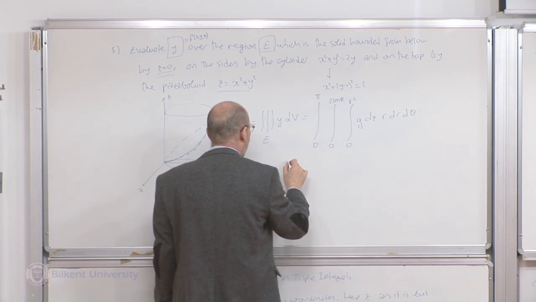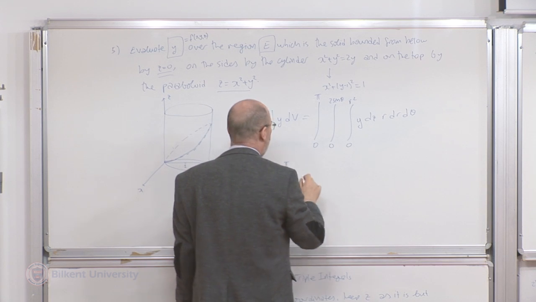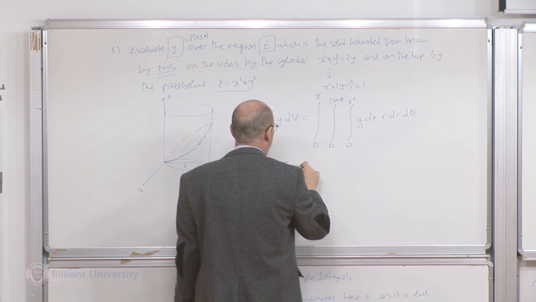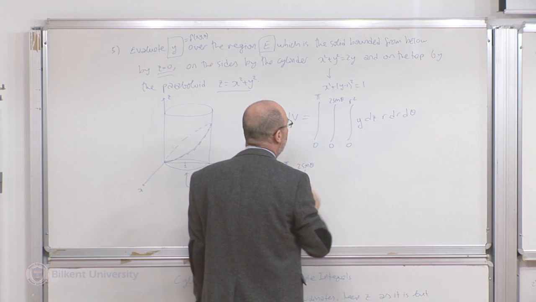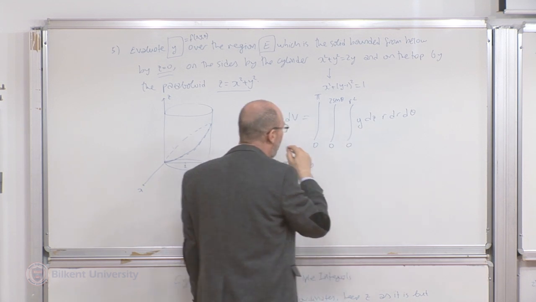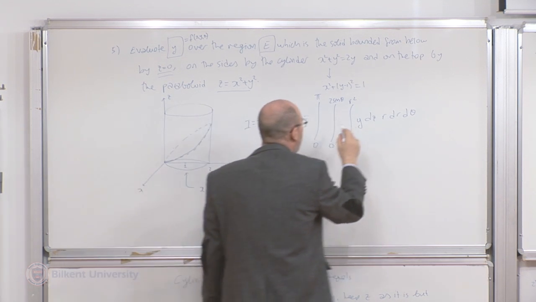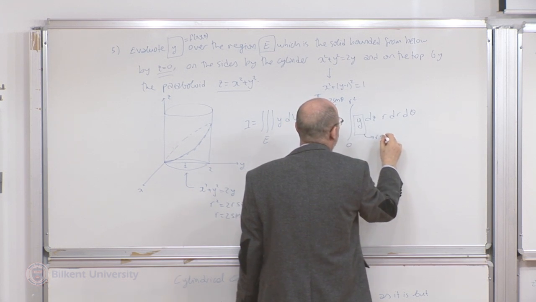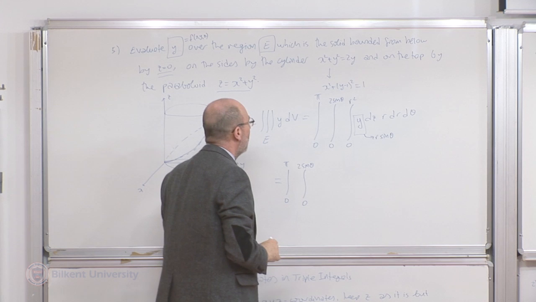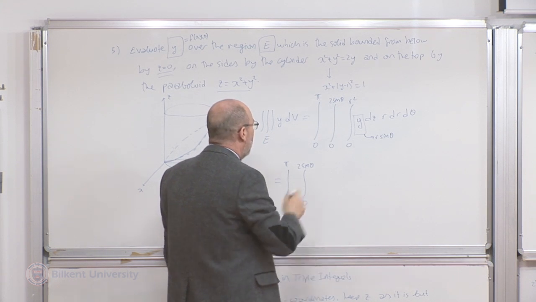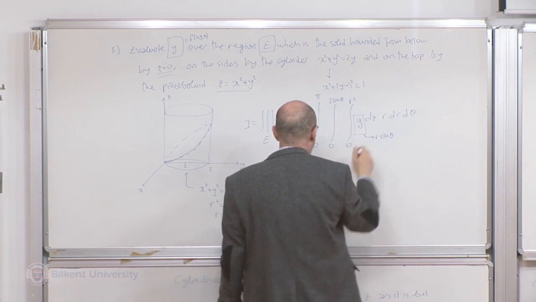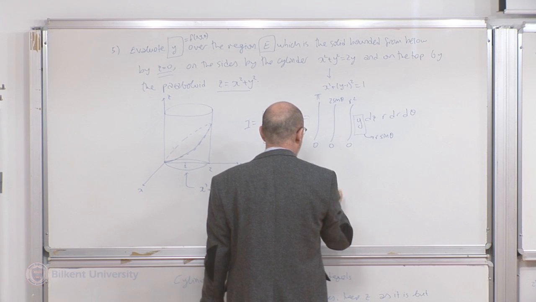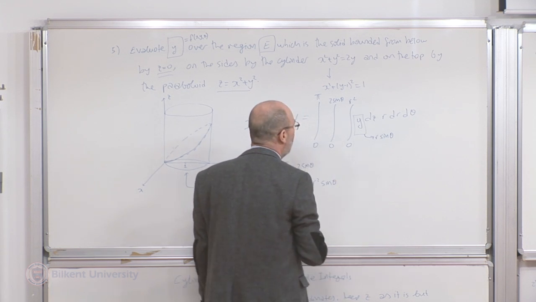Theta goes from 0 to pi, and r goes from 0 to 2 sine theta. I'm integrating y, so y will be replaced by r sine theta. Then I have another r here, so I have r squared sine theta.